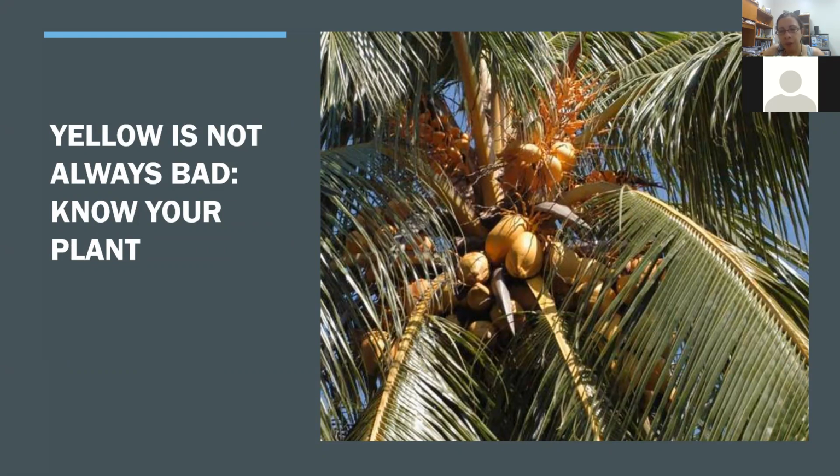Some cultivars of coconut palm. So there's quite a few palms that can actually have this. So if you're selecting a palm in the nursery and it already has yellow on it and it's actually healthy, make a note of that so that you're not too worried about yellowing on your particular plant in that location. If the leaflets are turning yellow, that is still something to be concerned about.